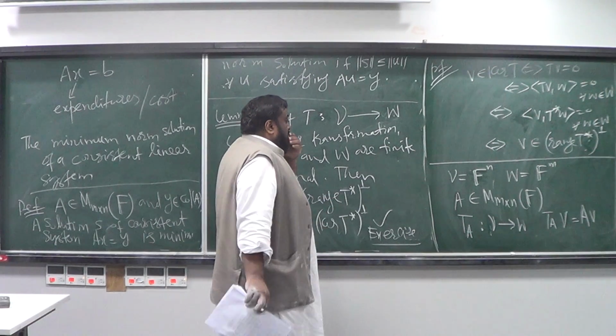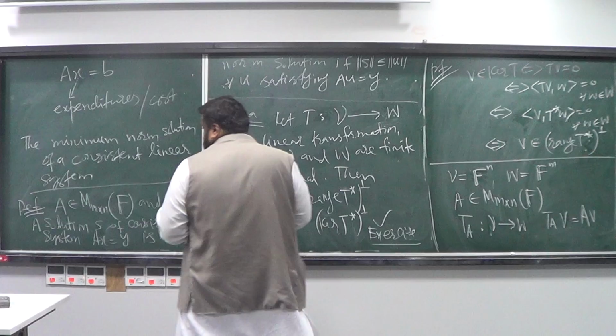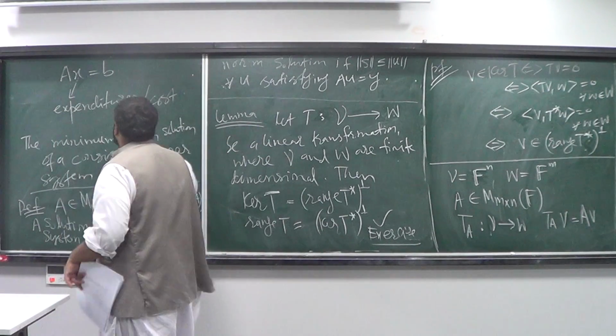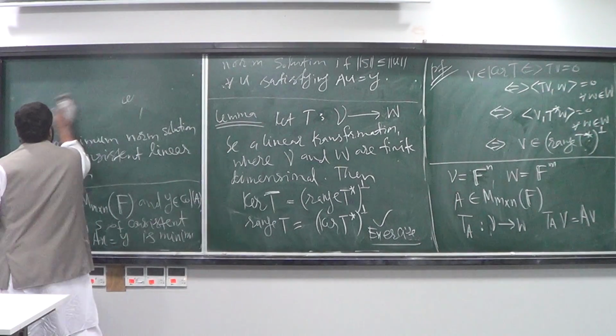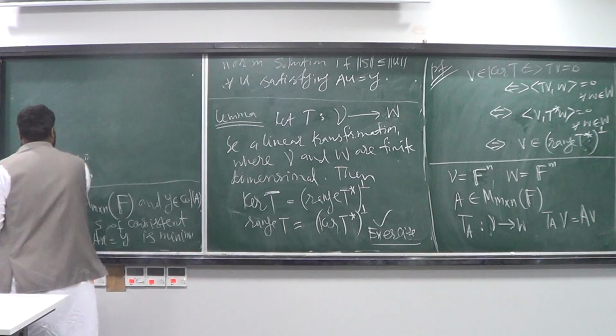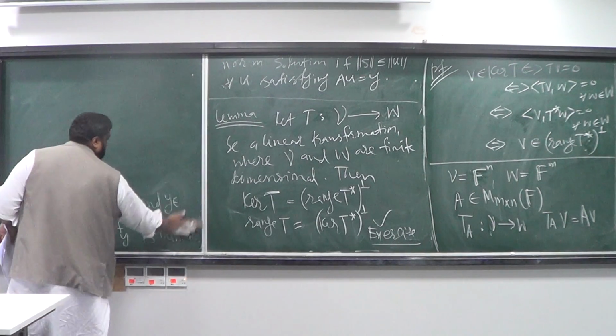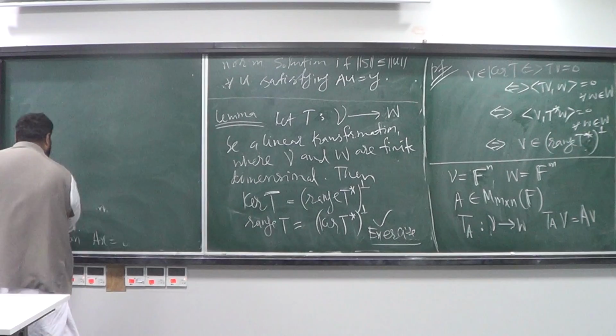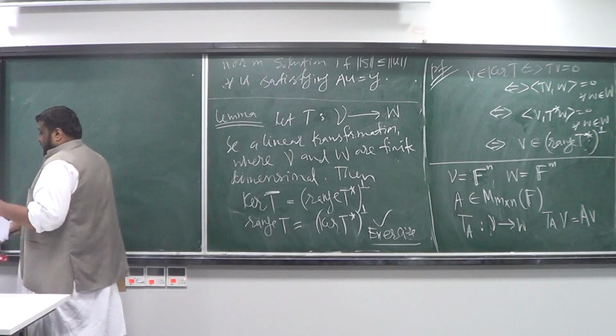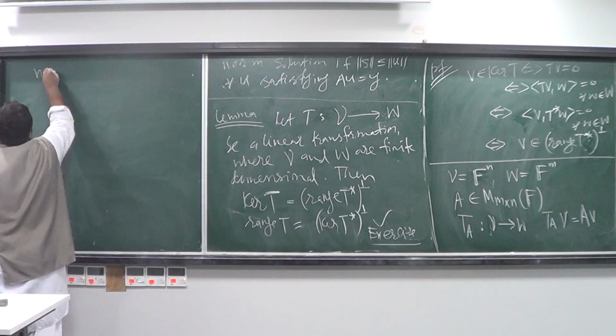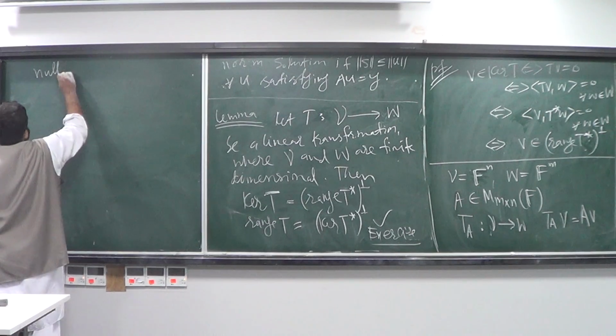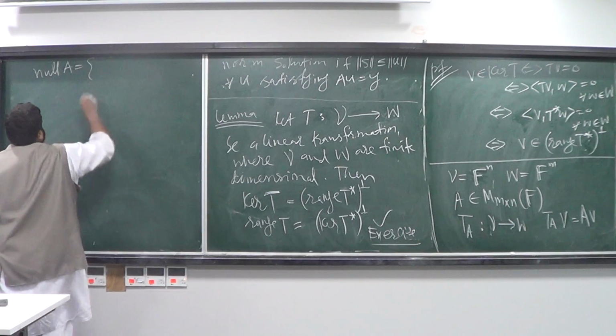Now, what is the null space of A? Okay, remember some of the terminology from your first linear algebra course. So what is the null space of the matrix A?